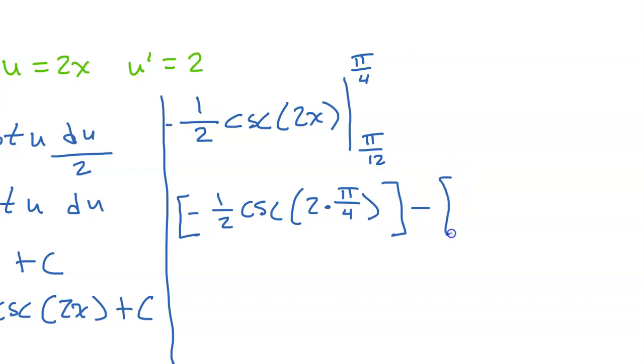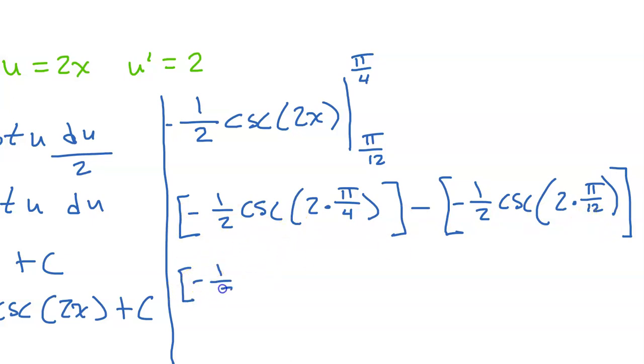Now let's subtract the value at the lower limit. Negative 1/2 cosecant of 2 times pi over 12. Okay, by the way, you can't stop here. While you don't need to simplify, you always must evaluate trig functions. So this would not be a valid answer.